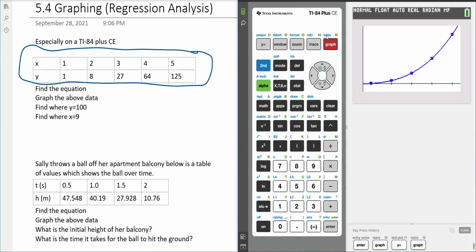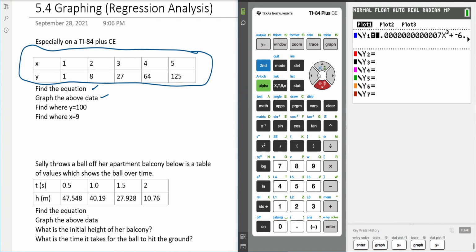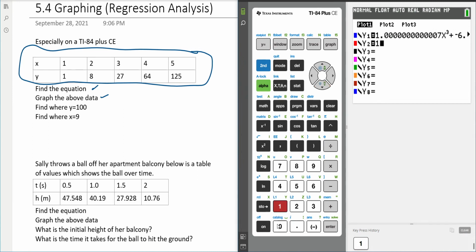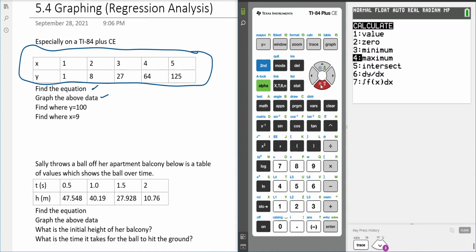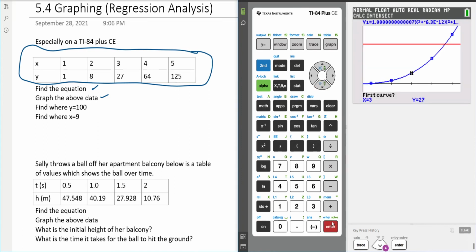So we've done these first two. Now we need to find where y equals 100. What I recommend is going down to here and just putting it in and letting the calculator do the work for you. So y equals 100, and you can go second function calc, intersect, first curve, second curve.